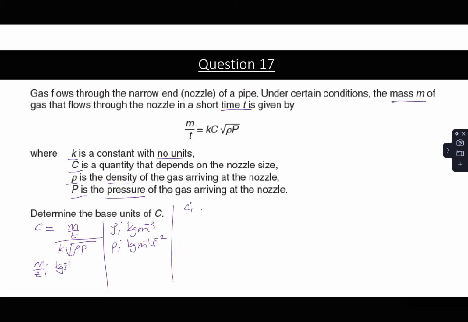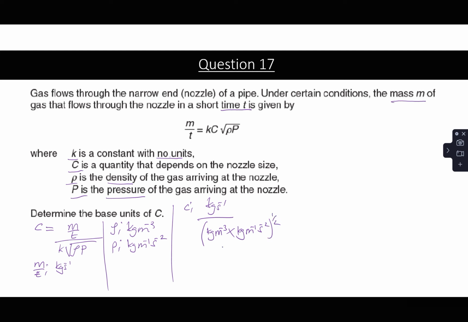The base units of C will be kilogram per second divided by the square root, or I will just use power half, of kilogram per meters cubed times kilogram per meter per second squared, raised to power half because of the square root.